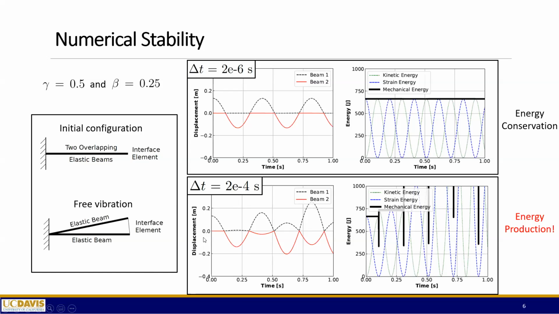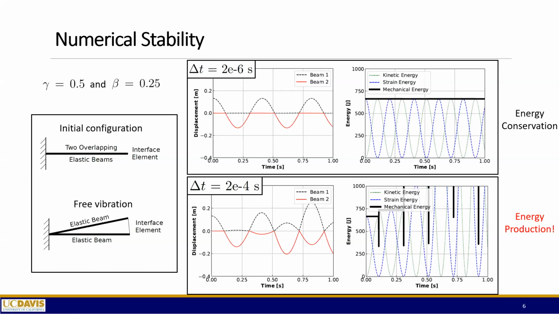So here is just to give you a clearer feel of the numerical stability issue. The model we have is basically two overlapping cantilever beams. One end of them is completely fixed, but the other ends of the two beams are connected using an interface element.